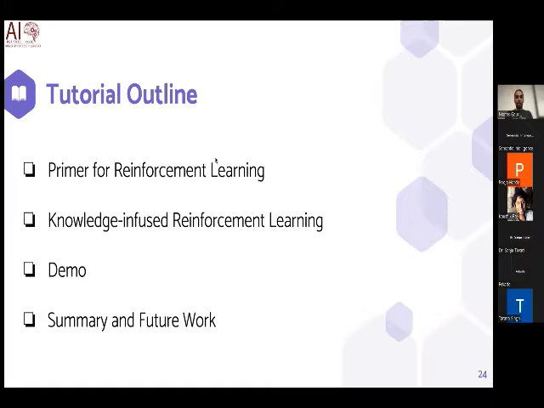So the remaining tutorial will be a primer for reinforcement learning, talking about knowledge infused reinforcement learning and various ways in which you can achieve user level explainability in action. And we will conclude with the summary and the future work, which are the directions where we are heading.